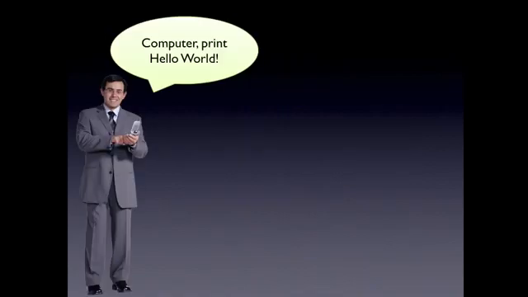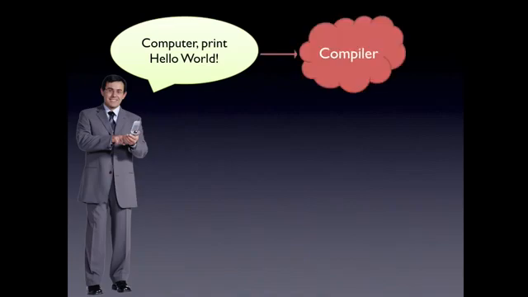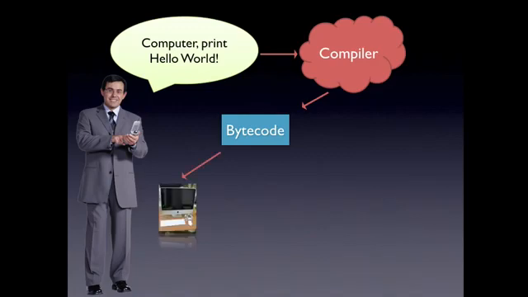So let's talk about how this works. Okay, computer, print hello world. We write that in Java. We pass that source code to a compiler. Once the .class files are created, we've got bytecode. When we're ready to run the program, the bytecode files are passed to the Java virtual machine, which you can think of as a tiny little computer written in software that's guaranteed to be the same on every computer.